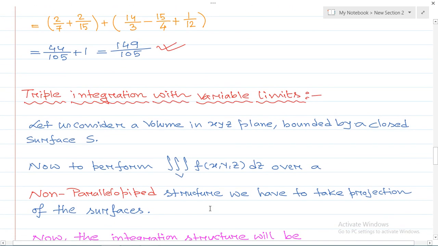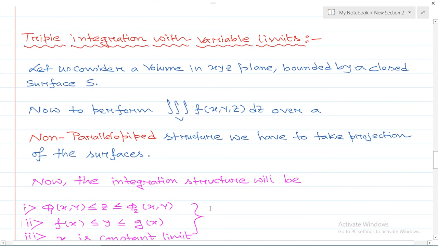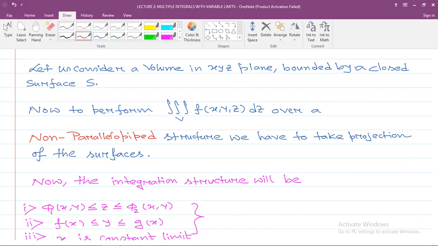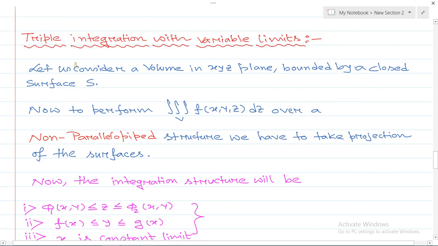Now let us have a look at the triple integration and its structure. In our exam we can have any one of these two types of questions, so we need to understand it very carefully. So what is the triple integration? The structure will be quite similar to the double integration, but here we have a domain which is in the shape of a surface or can be a volume.